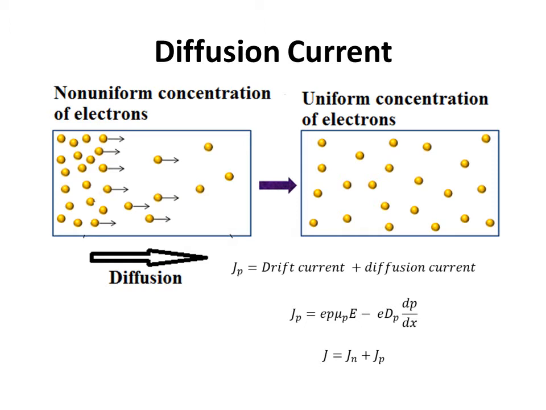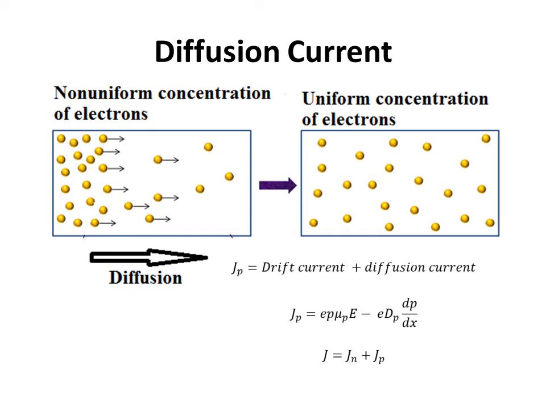So here we are considering the current density due to holes, and we are using the charge of electrons, and that's why there is a negative sign over here. Whereas if you write p, which is the charge of holes, instead of e, then there will be a positive sign here instead of a negative sign.